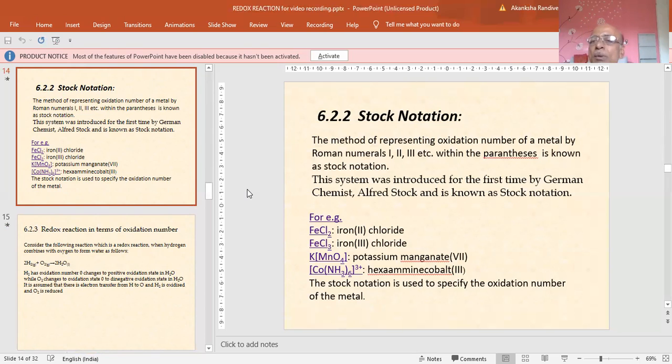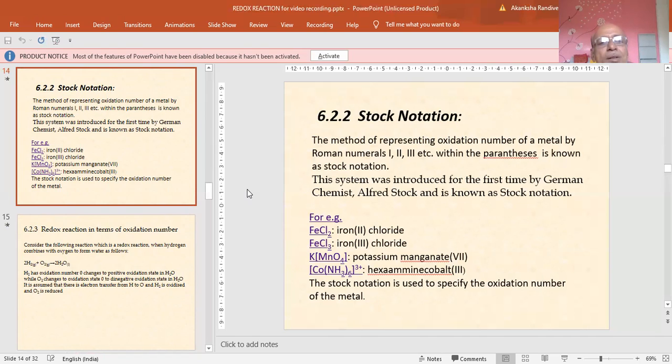In Roman numericals 1, 2, 3, these are the oxidation numbers of metals, and they are represented by Roman numericals within the parenthesis. And this method of representing the oxidation number, that is known as a stock notation. So by stock notation, we can understand the oxidation number of metal in a compound.